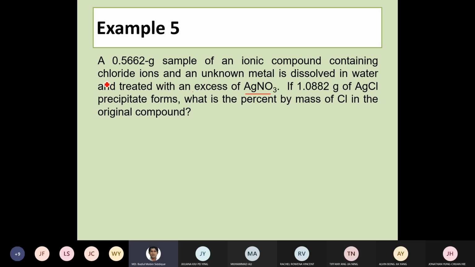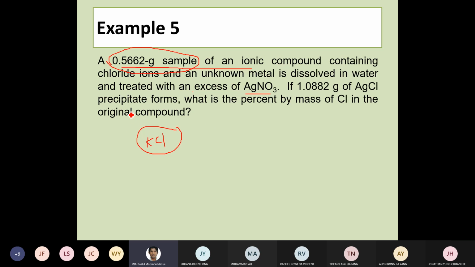Why excess? We have a sample, an ionic compound containing chloride. Let's say it is potassium chloride. We do not know, it can be sodium chloride or potassium chloride. In this gram of sample, this potassium or sodium or magnesium chloride is there, and silver nitrate is used to precipitate the chlorine out. So why excess?